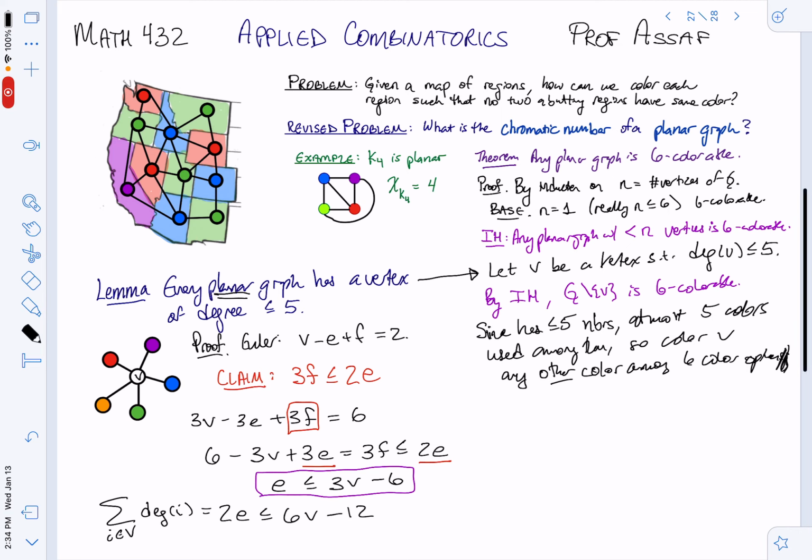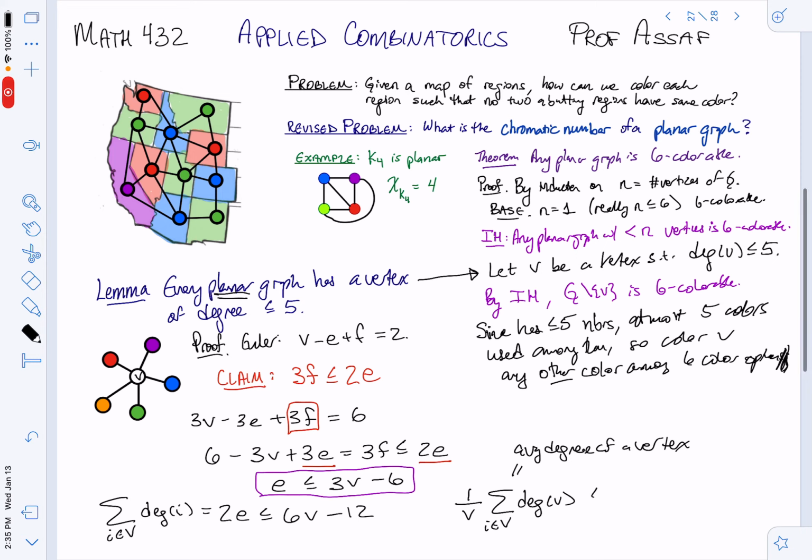So what does that tell us? It tells us that v, remember that's the number of vertices, so 1 over v times the sum, it's the average degree. This is equal to the average degree of a vertex.